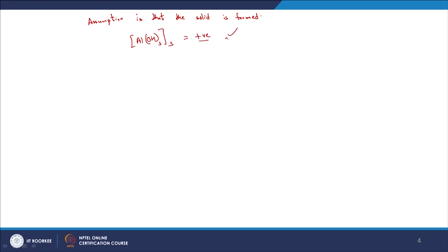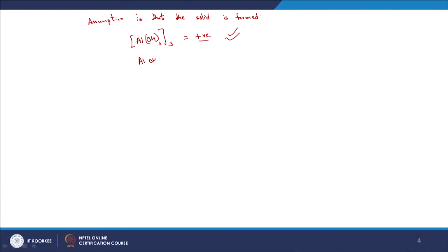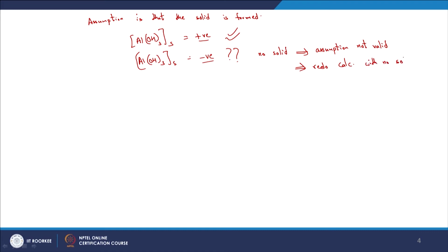Okay, that means a true solution has been arrived at. But if I end up with a negative value for Al(OH)3 solid, what does a negative value mean? That means no solid is formed, so the assumption is not valid. And what does that translate to? That you need to redo your calculations with no solid, right.